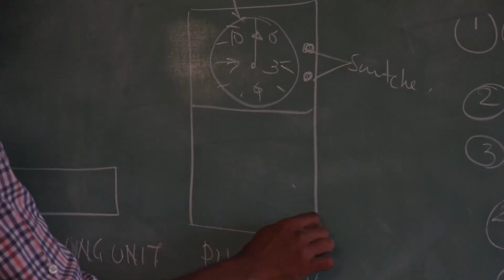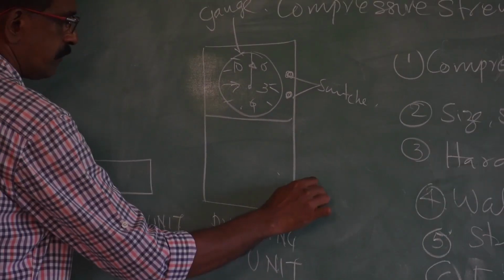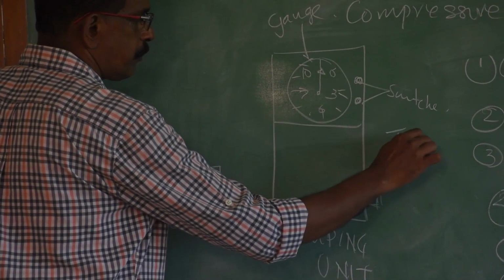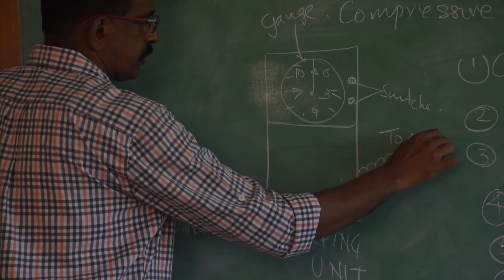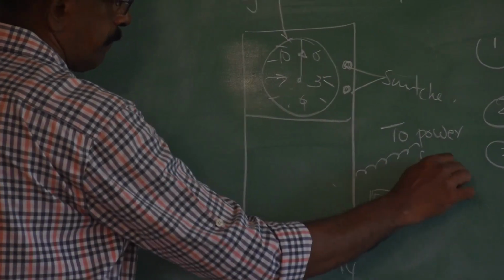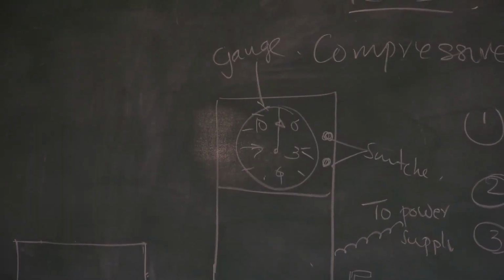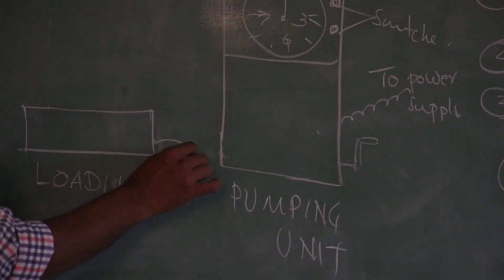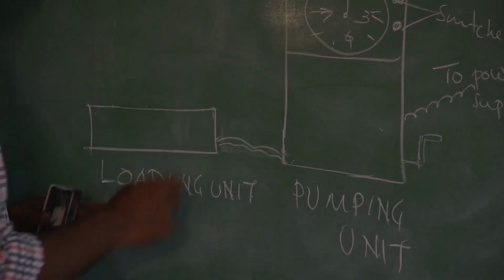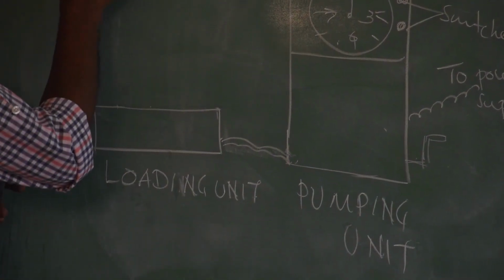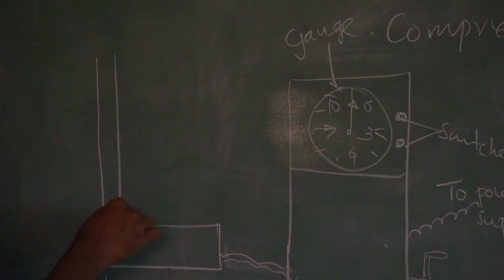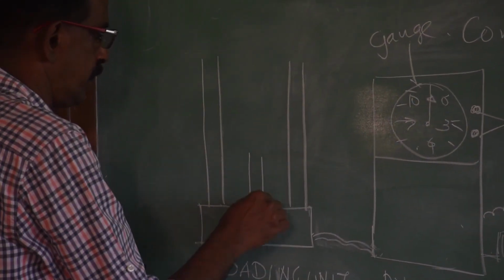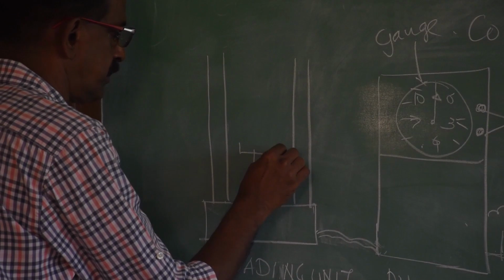This pumping unit can be operated manually with the help of this handle, or with the help of electric power supply. The pumping unit is connected to the loading unit with the help of cables. Now the loading unit consists of two vertical shafts or vertical arms with a loading platen at the bottom.